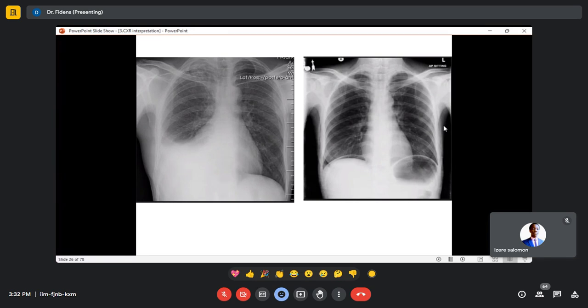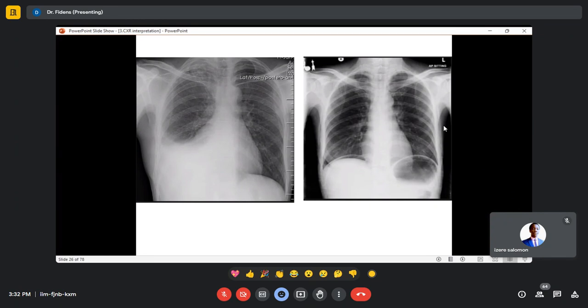Don't just jump from the diaphragm going up, coming back to the costophrenic angles. No. You should follow A, B, C, D. Otherwise you'll miss everything.